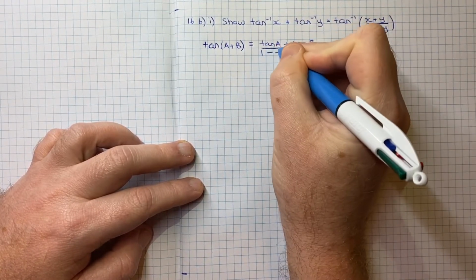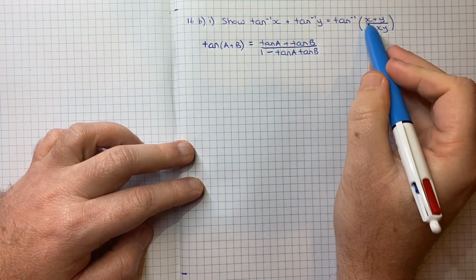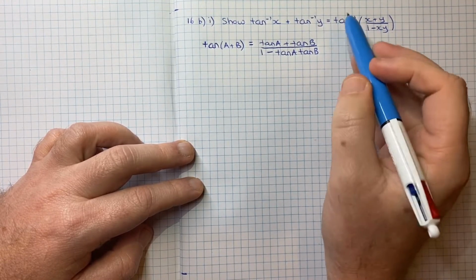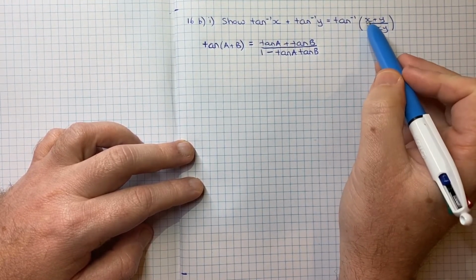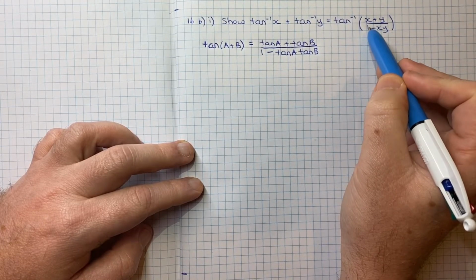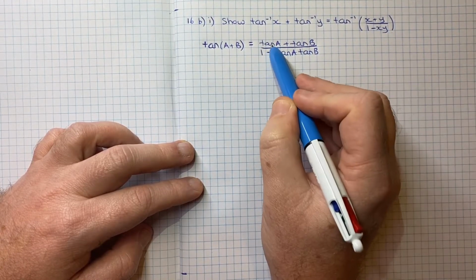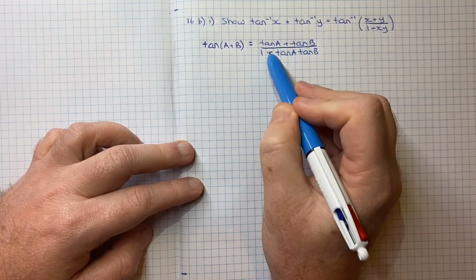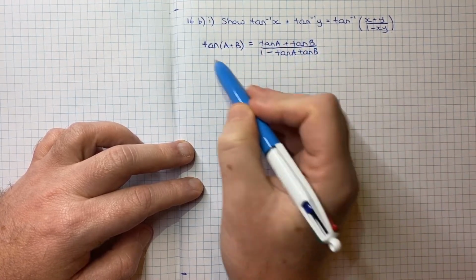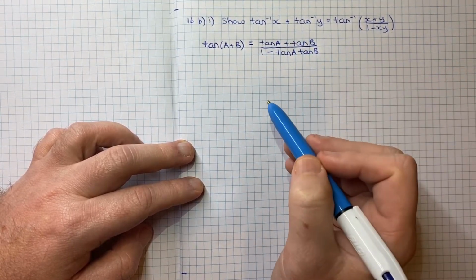And if you compare that result to what we've got over here on the right hand side, here we've got the inverse tan of something, but if we ignore that for now and just focus on what's in the brackets: something plus something divided by 1 minus those 2 things multiplied. So we can see how we're going to be able to link this to what we're being asked to show.